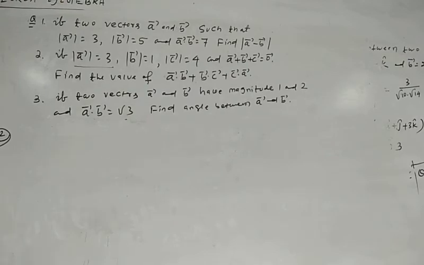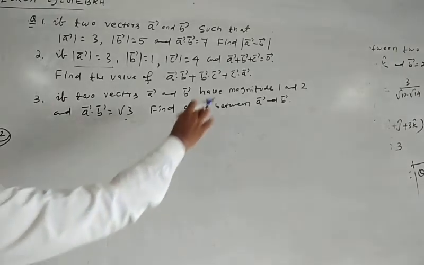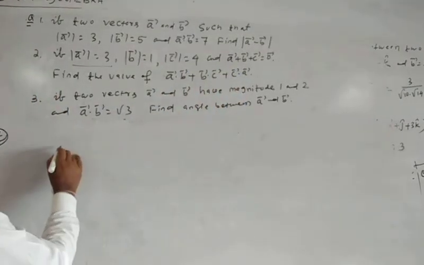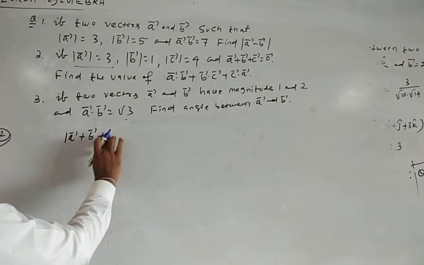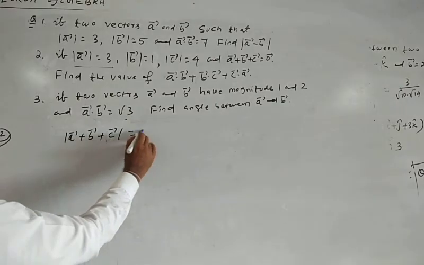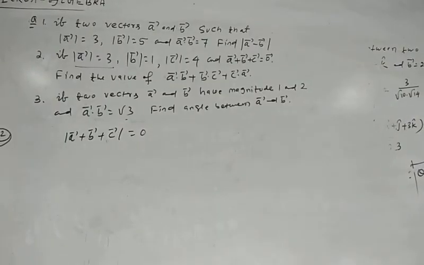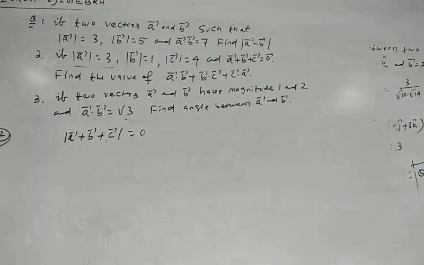Then what is the value of A dot B plus B dot C plus C dot A? Since A vector plus B vector plus C vector equal to 0 means its magnitude is equal to 0, that implies its magnitude square is also 0.